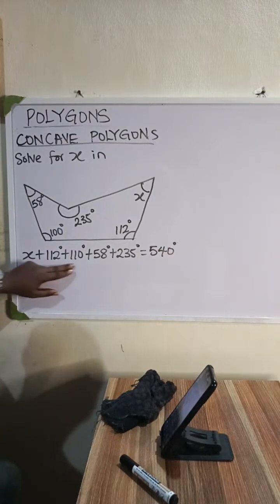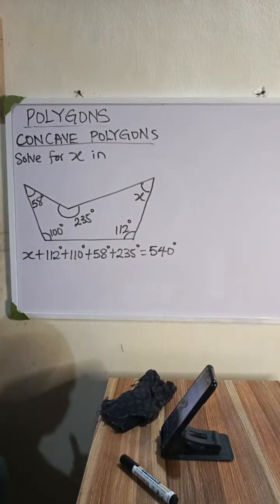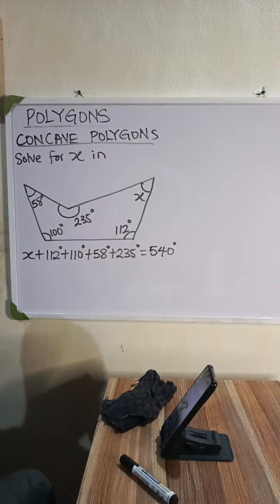So when you add all these angles, what do you get? Confidence, you're moving very fast. 505 degrees, okay?